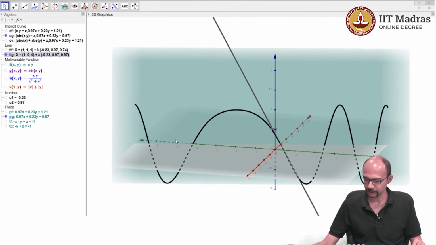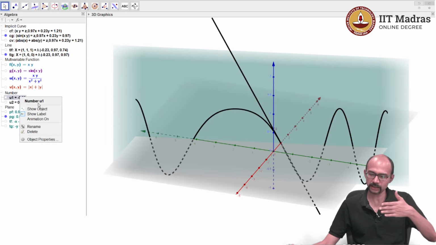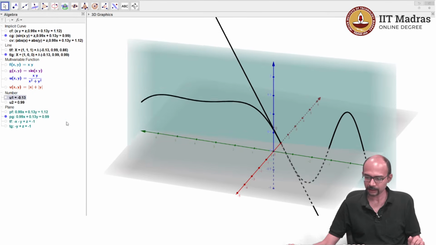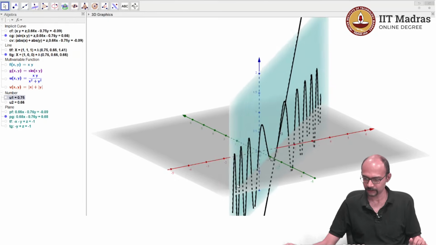This is at the point 1 comma 0, and I can vary my unit vector, and as I vary my unit vector, the plane changes accordingly. The part of the graph which is intersected with the plane changes, and accordingly the tangent line changes. I hope you can see what is happening.